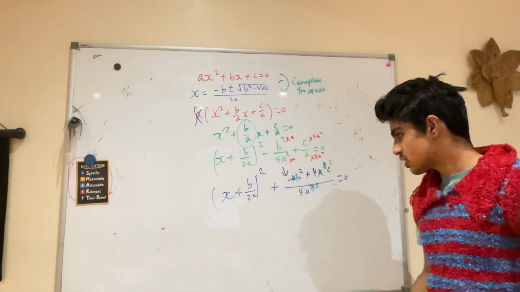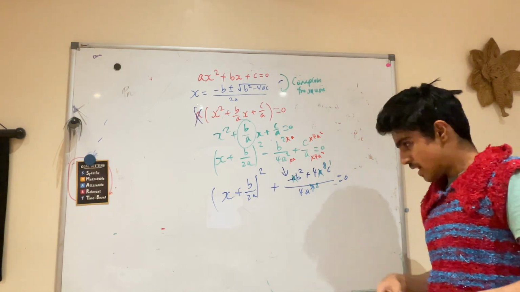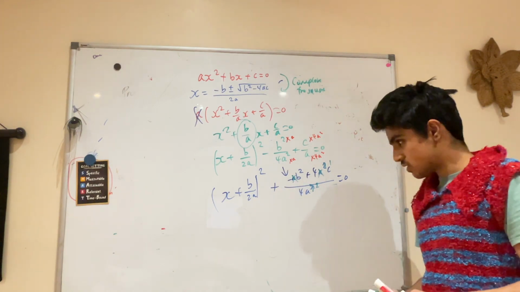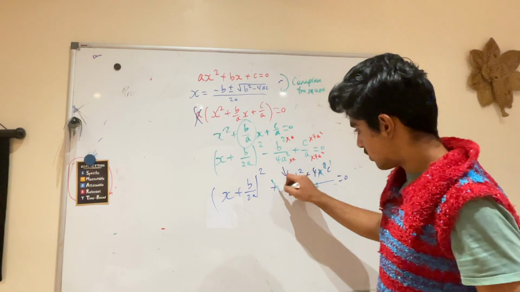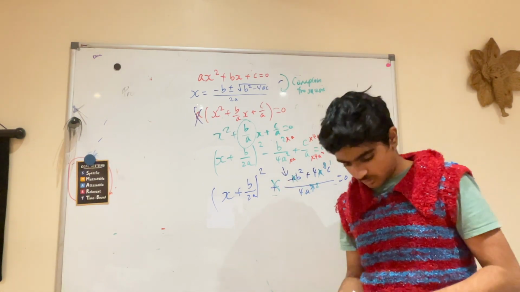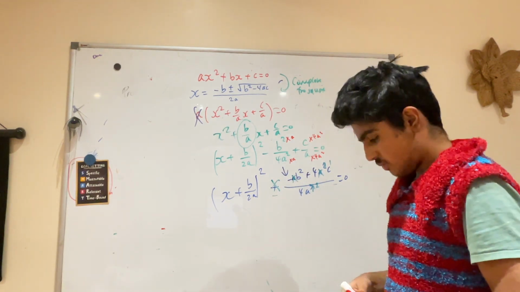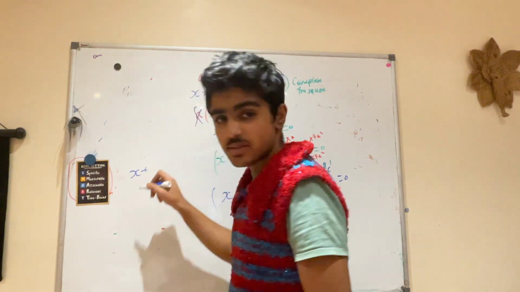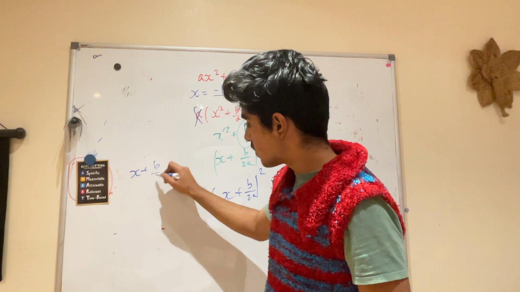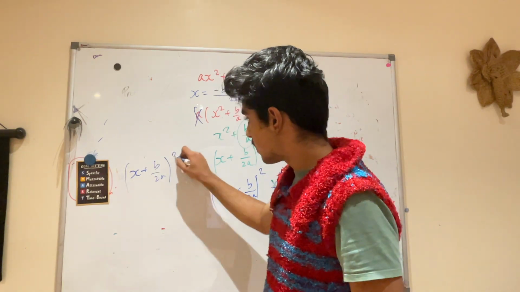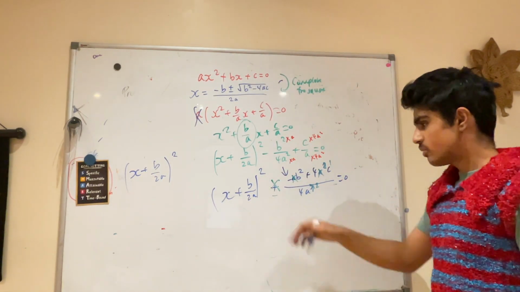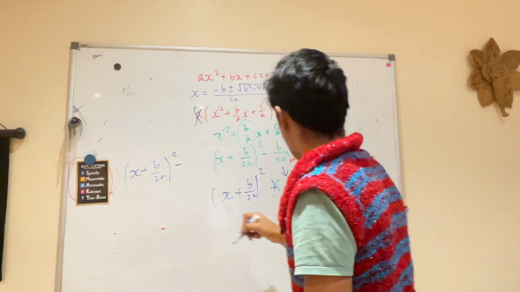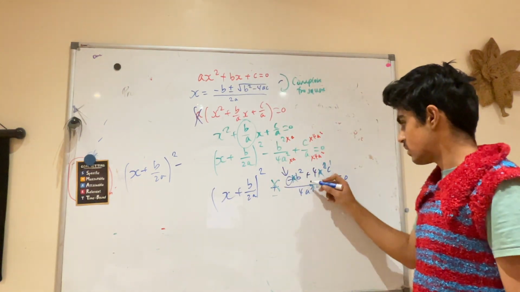So we're essentially left with, and I don't like this plus very much, so I'm going to replace that with a minus, and I'll show you how to do that. We're left with x plus b over 2a squared. Want to turn this into a minus? Well, we can just switch the signs over here.